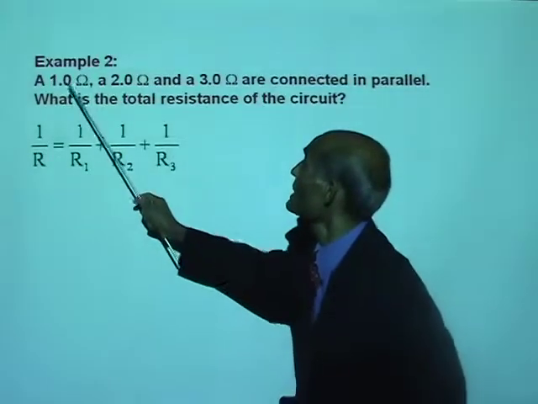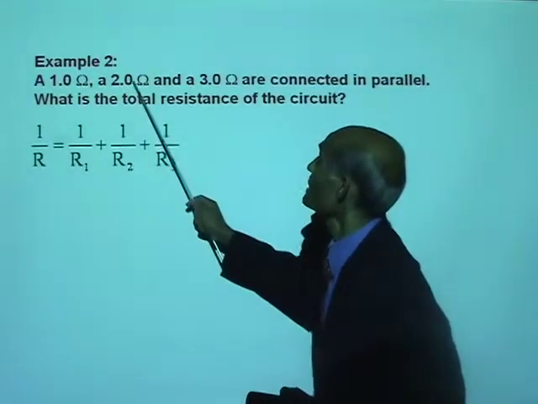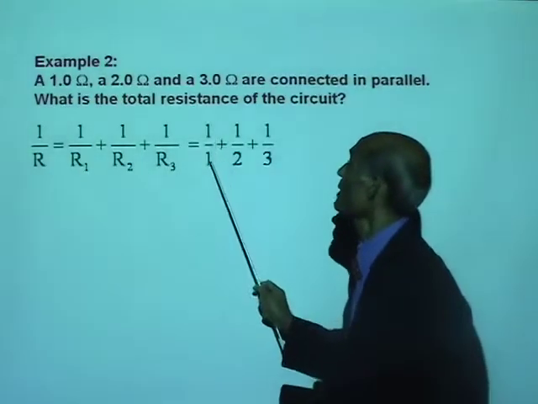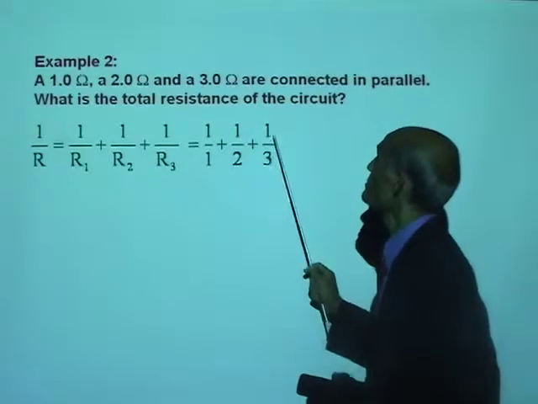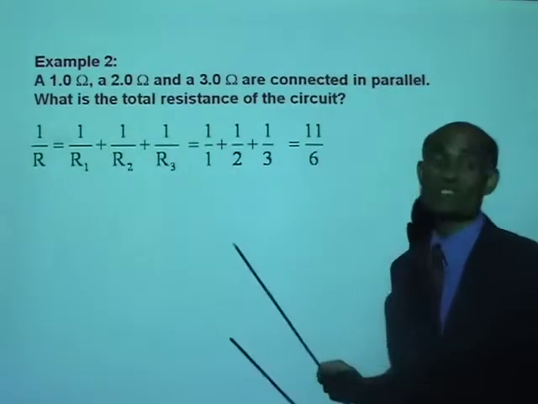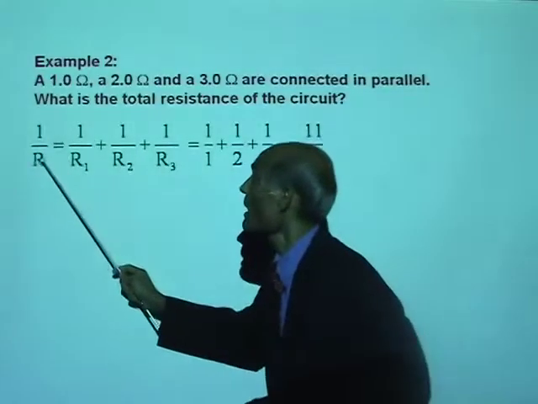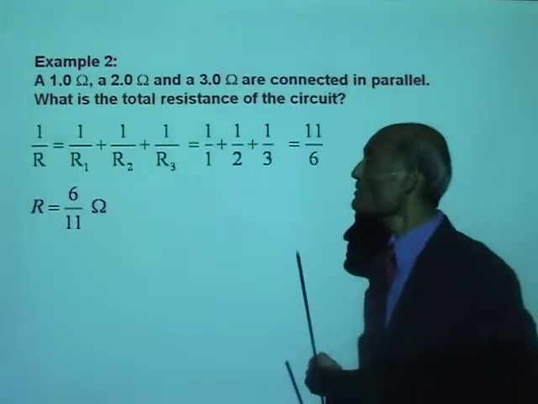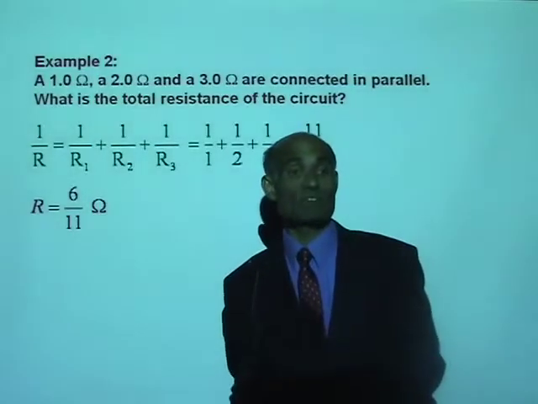And R1 is 1 ohm, R2 is 2 ohm, R3 is 3 ohm. So that will be 1 over 1 plus 1 over 2 plus 1 over 3. That is 11 over 6. If 1 over R is 11 over 6, then R equal to 6 over 11 ohm.